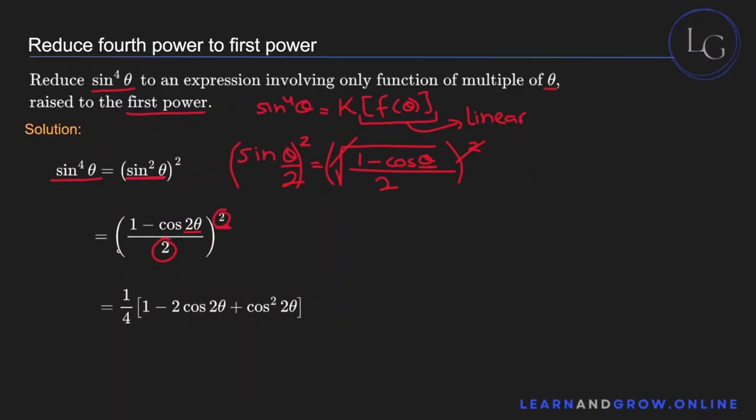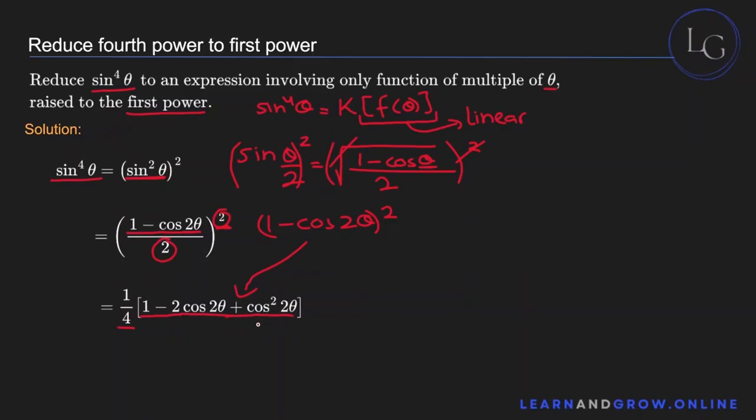So it will become 1 by 2 square outside, so 1 by 4. And then you'll take the square of the numerator, which is 1 minus cos 2 theta. So once you expand 1 minus cos 2 theta whole square, you get this 1 minus 2 cos 2 theta plus cos square 2 theta.